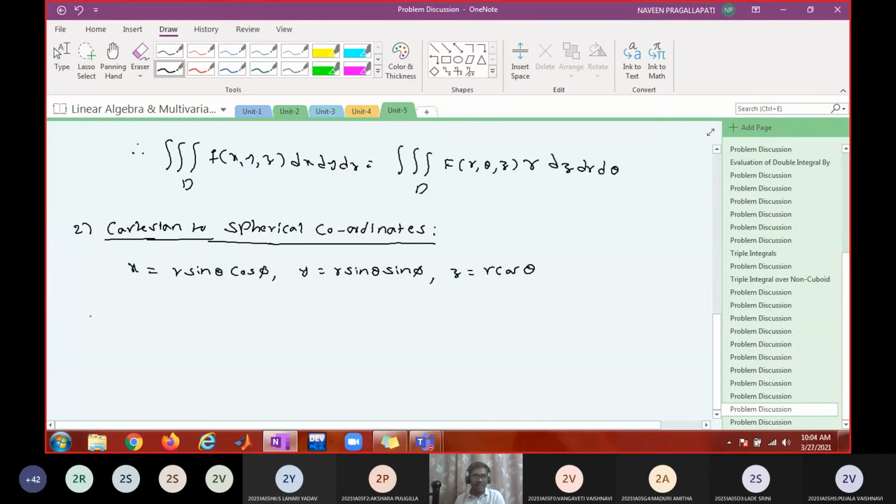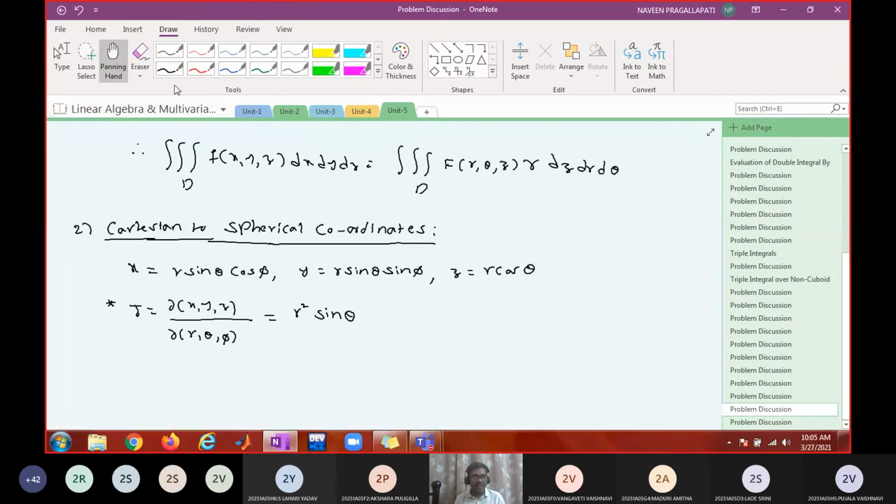Okay, so in that case, the Jacobian, I told you, dou of x y z by dou of r theta phi, equals r square sin theta. This is an important problem from the examination point of view. We may be asked to find the Jacobian of the Cartesian to spherical coordinate system, so you need to find the 3 by 3 determinant and show the simplification as r square sin theta.